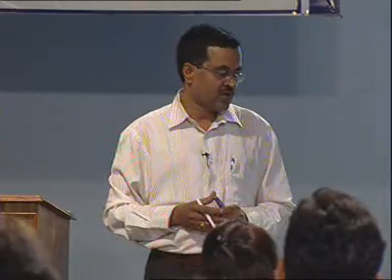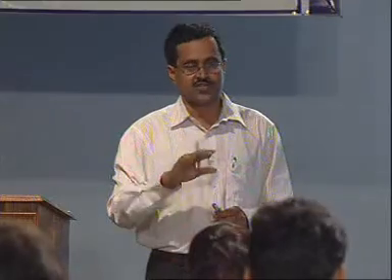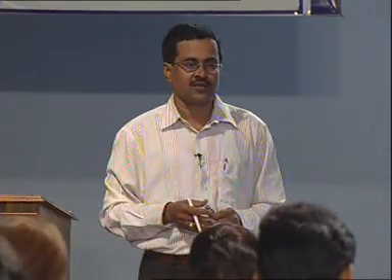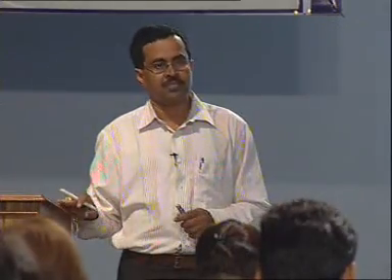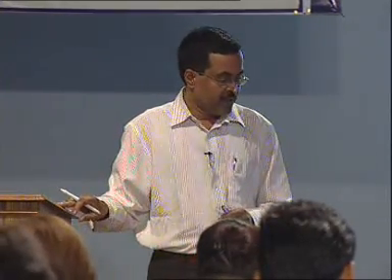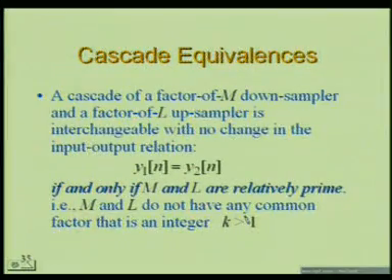In fact, y1[n] should be equal to y2[n] even if I interchange the interpolator and downsampler, that is upsampler and downsampler, if and only if M and L are relatively prime, that is, M and L do not have any common factor k greater than 1.